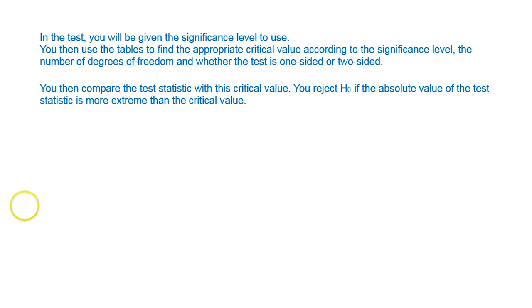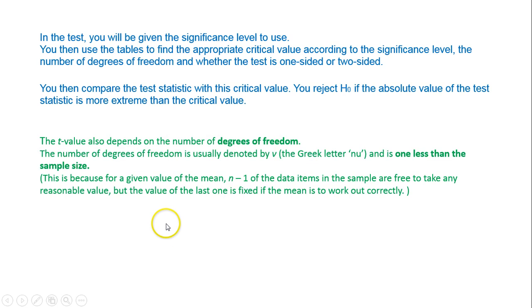Degrees of freedom we'll come across in a minute. You then compare the test statistic with this critical value, and reject H naught if the absolute value of the test statistic is more extreme than the critical value, as you did before with significance level. The t-value depends on the degrees of freedom.